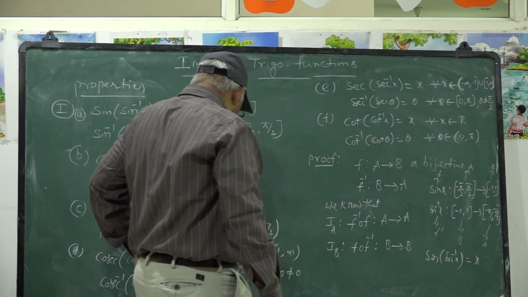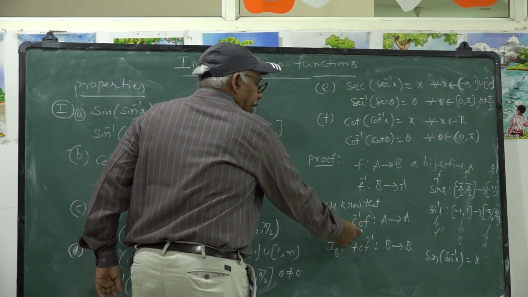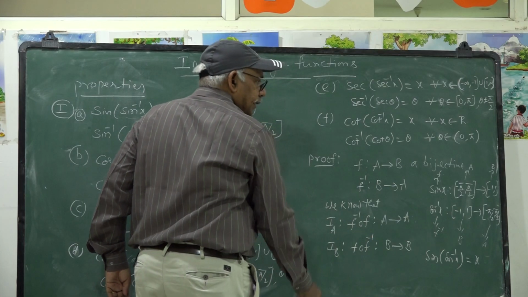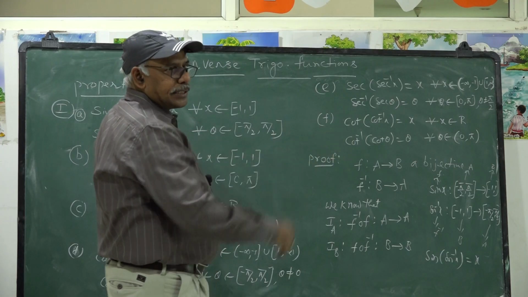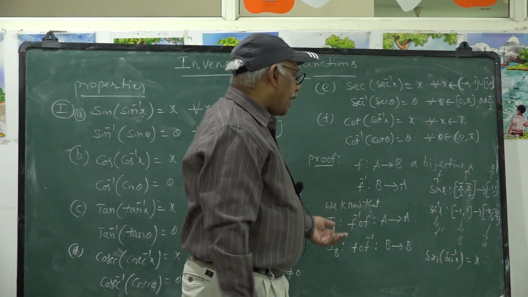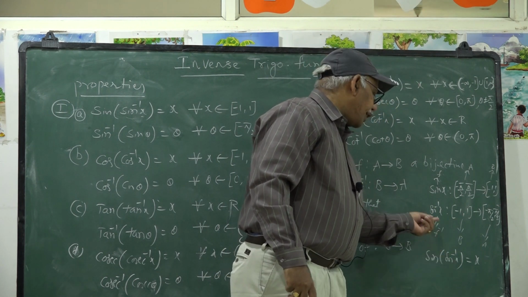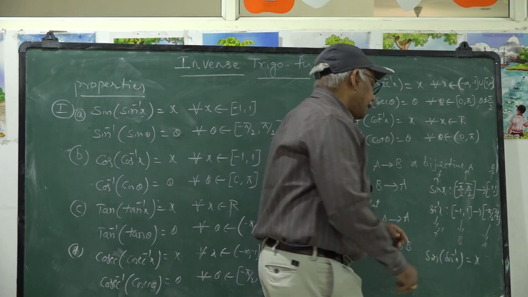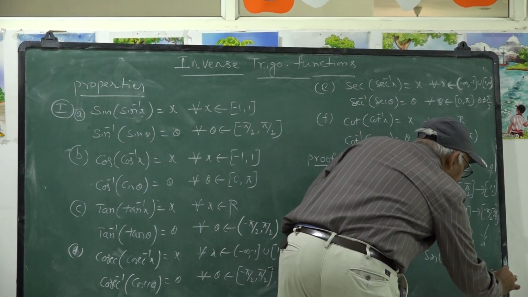Sin of sin inverse x is x, because sin of sin inverse gives us the identity mapping which maps x to x itself. Hence, sin of sin inverse x equals x, where x lies within the domain of the function sin inverse, that is f inverse, which is nothing but for all x that belongs to [-1, 1].